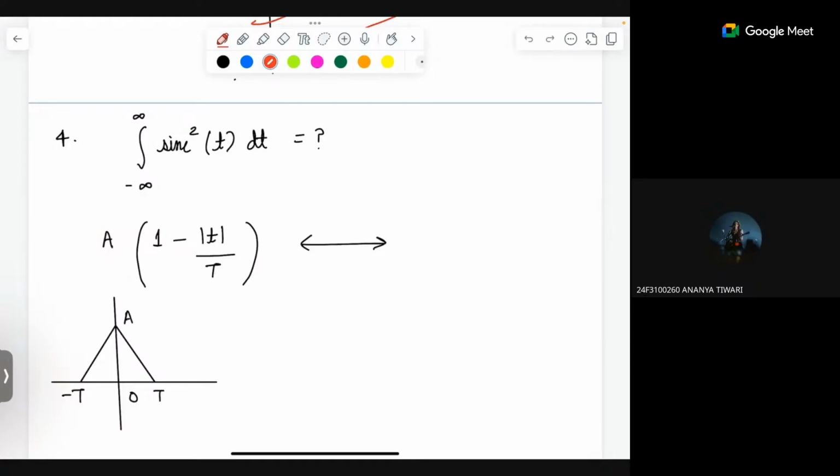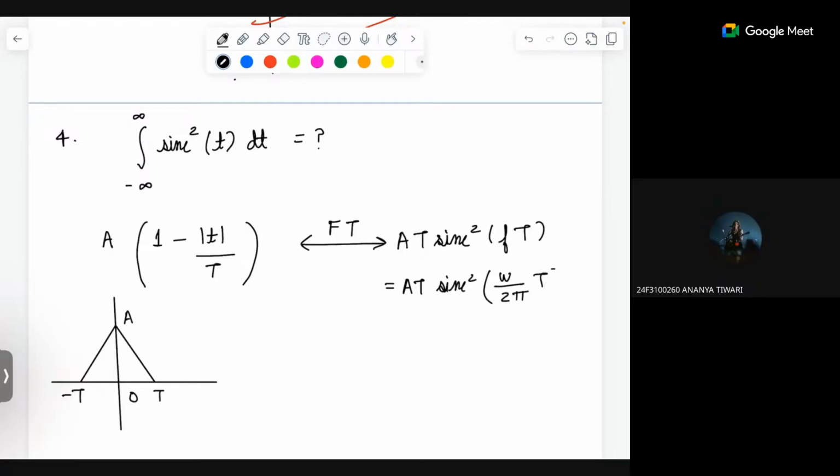Is that clear? So the Fourier transform of this triangular function is A T sinc square f T, or you can replace f by omega by 2 pi. So A T sinc square of omega by 2 pi into T. Is this clear? Yes, ma'am.